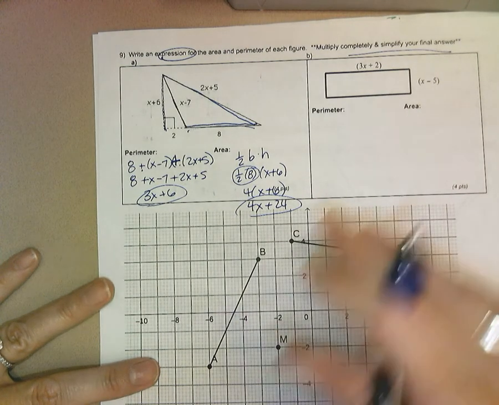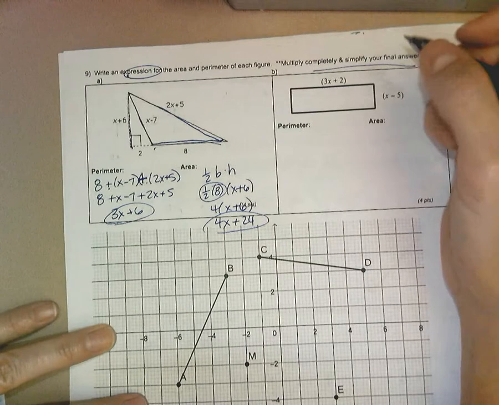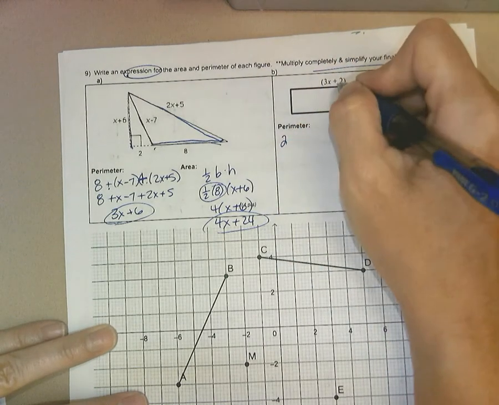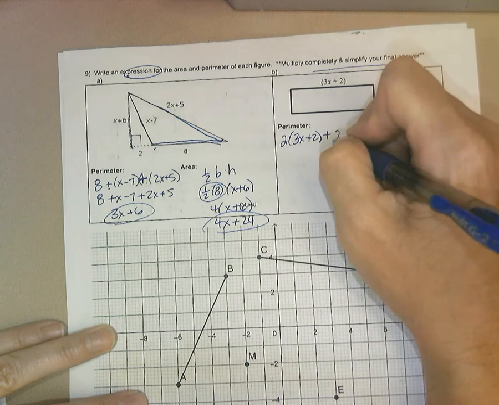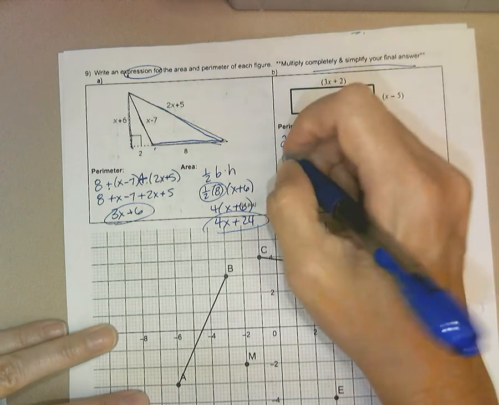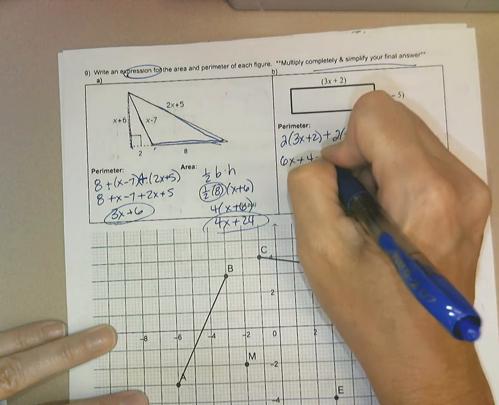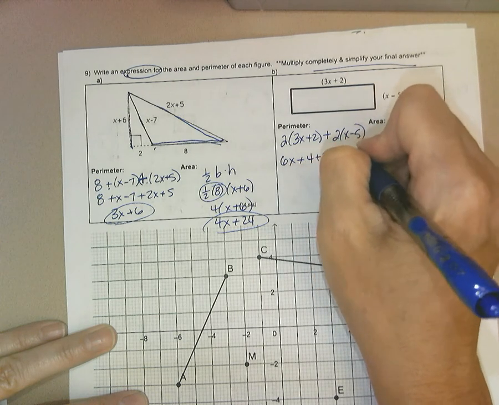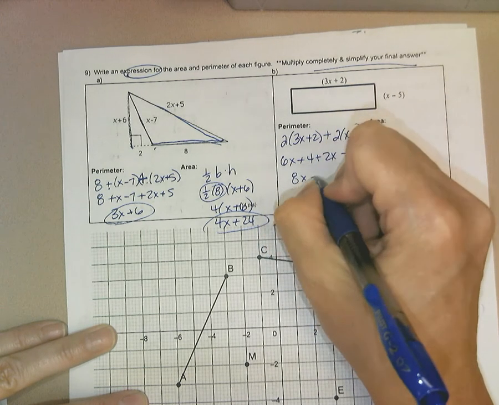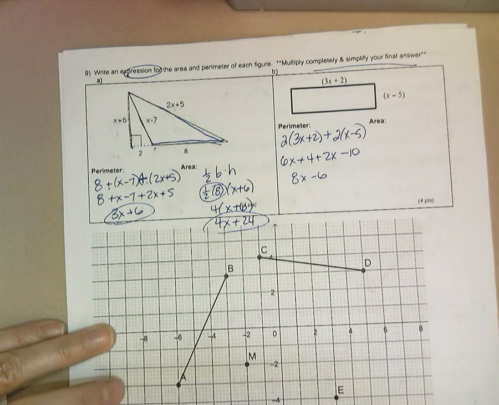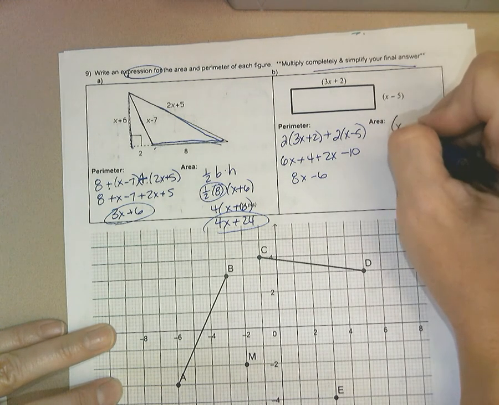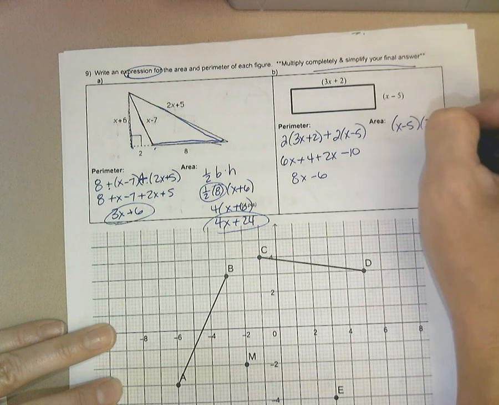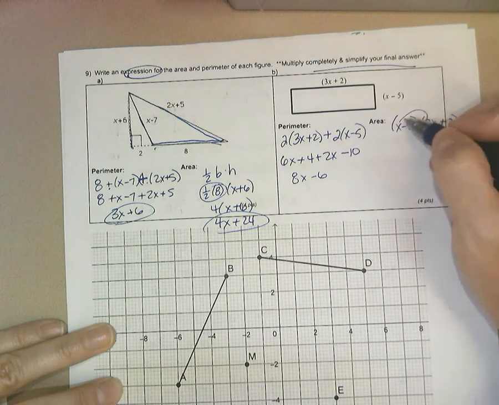Perimeter, area. Similar situation over here. My perimeter, I have 2 of these guys plus 2 of these guys. Distribute, and combine like terms. That's the best I can do for perimeter. Area is x minus 5 times 3x plus 2. Properly distribute.